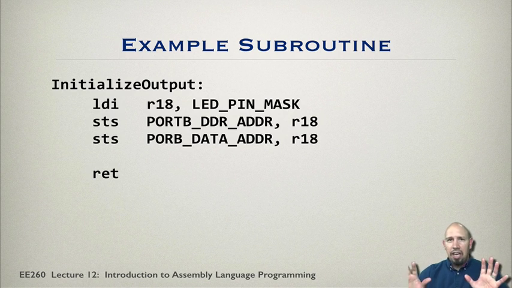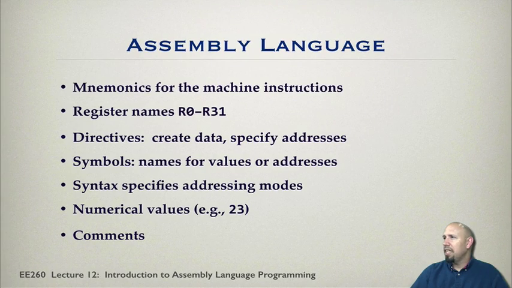That's an example subroutine. Now again, when you first see this kind of code, it looks very Greek. Sometimes I even forget the names of what some of these codes mean exactly, so hopefully you can remember the important ones. We'll look at a lot of them in detail in the next lecture.